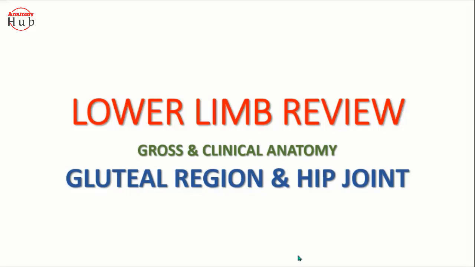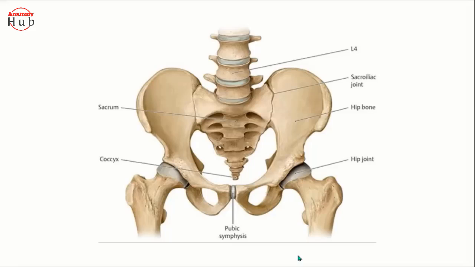So the strong muscles and joints of the lower limb are adapted for locomotion. Which locomotion? That is your bipedal locomotion. And that, conjoined with the muscles of the trunk, maintains the body's center of gravity.